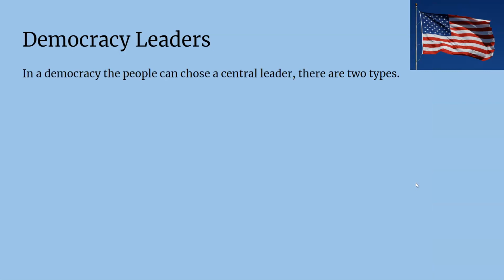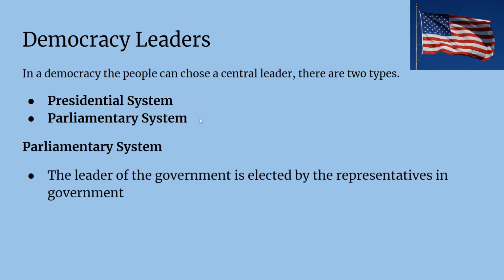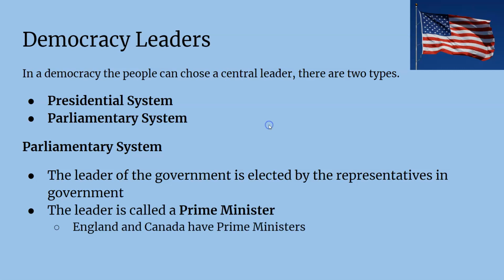In a democracy, you can choose your central leader, and there are two types of systems for how they're elected: the presidential system and the parliamentary system. In the parliamentary system, the leader of the government is elected by the representatives in government. The leader is called the prime minister. England and Canada have prime ministers.